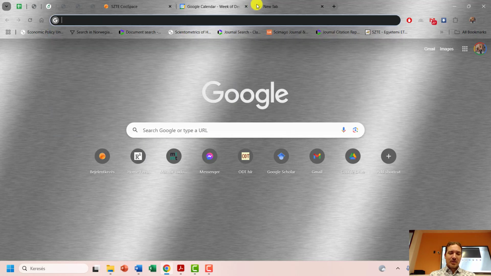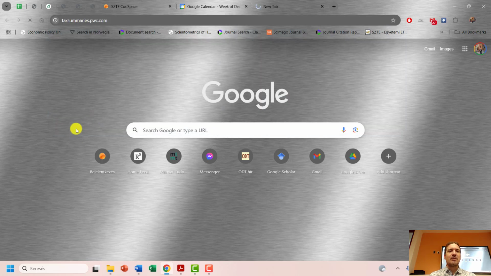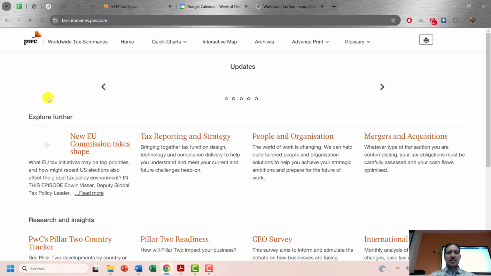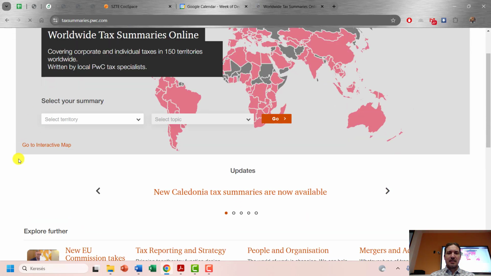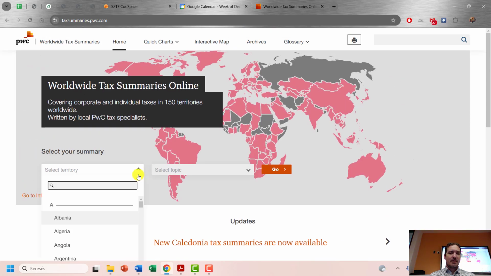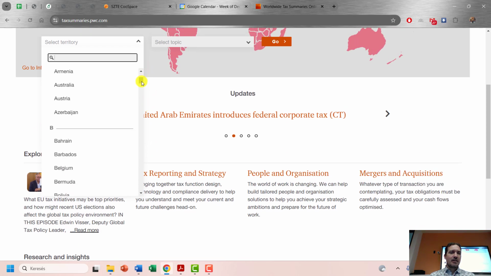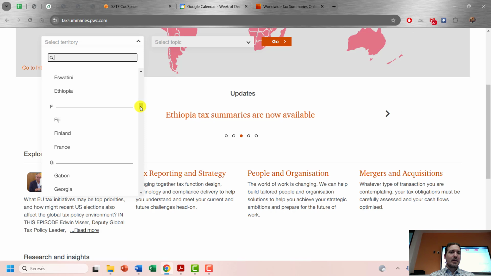So okay, tax, yes, worldwide tax summaries online. No, not this, this one. PwC has this really good database which collects different countries' corporate income taxes.